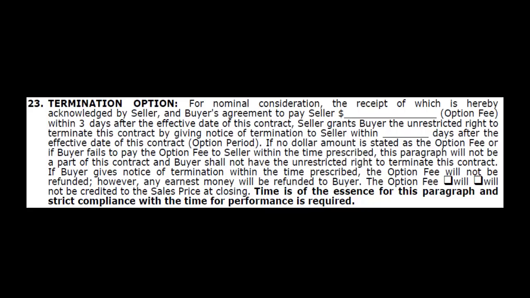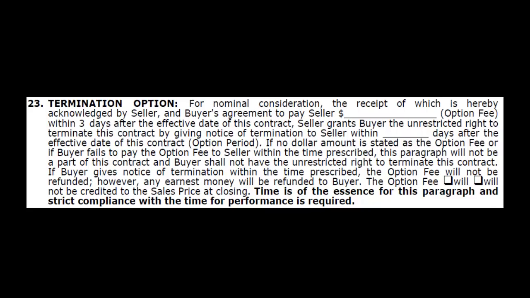And I want to make sure that we've got enough time to verify that the utilities are on, coordinate schedules with an inspector, because that's usually what's going to be done during the option period, get the results of the inspection back, draft the repair amendment if some repairs need to be negotiated, or if the buyer wants the seller to address some repair items, then they'll need to draft that repair amendment, and then send that over to the seller.